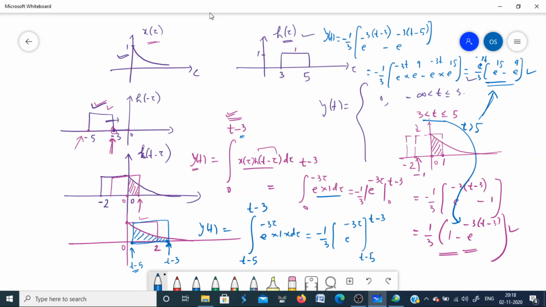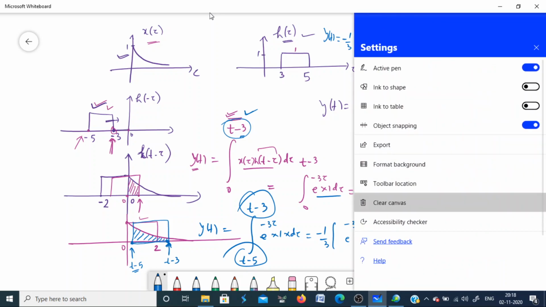Okay, so you have seen there is some confusion here, how you have to choose the limits of integration. So there is an assignment question for you. You have to find the convolution of the two signals.